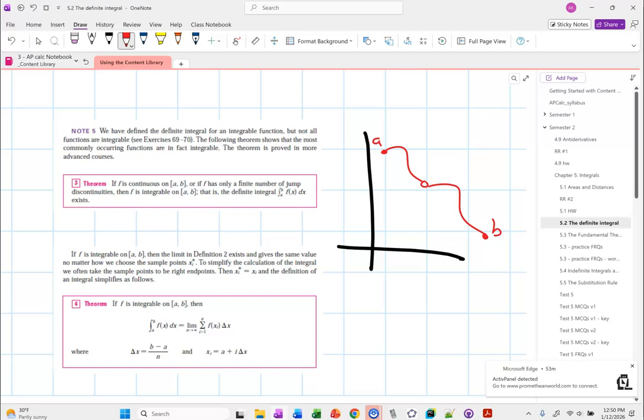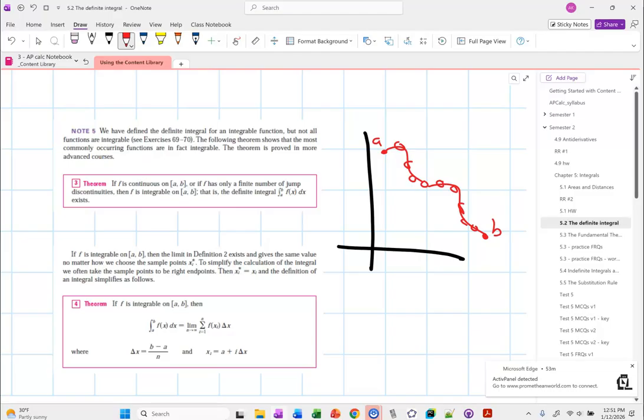How much area is that discontinuity taking away from our area under the curve? 0. What's the width of the rectangle under that single point? 0, because does a point have any dimension, any width to it? No. So I could have a bunch of those in there. Doesn't matter. The area under the curve is the same, whether they're there or not.